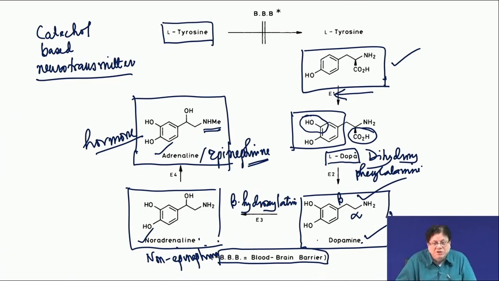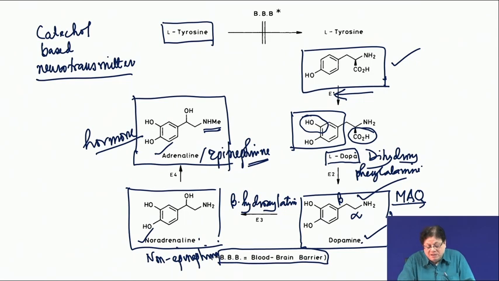So, maintaining a concentration of dopamine is very important. Now, how can the concentration be low? First of all, the enzymes may not be very active, so it is not produced in large amount. The other is that there are enzymes called MAO, monoamine oxidase.